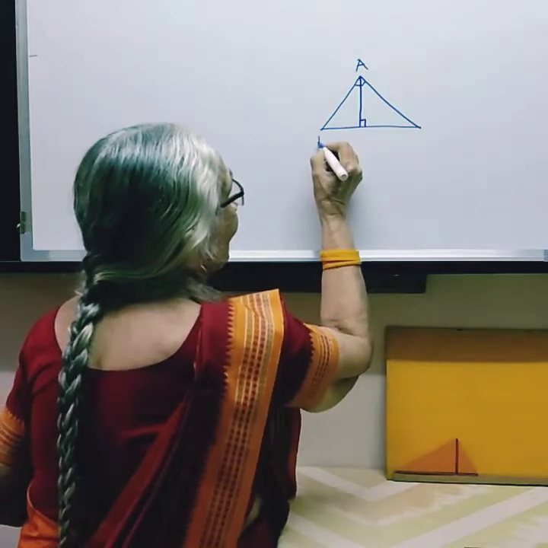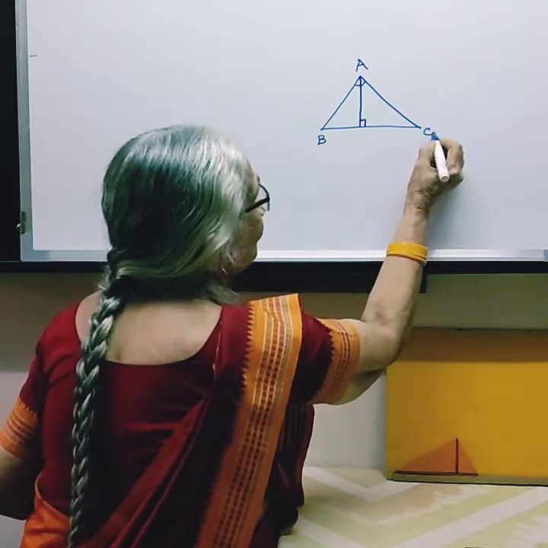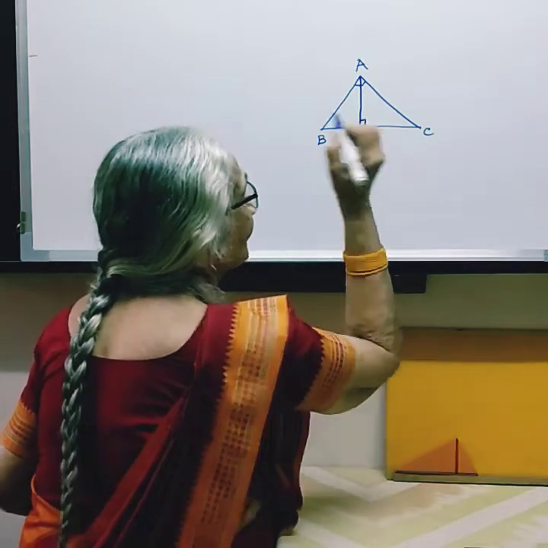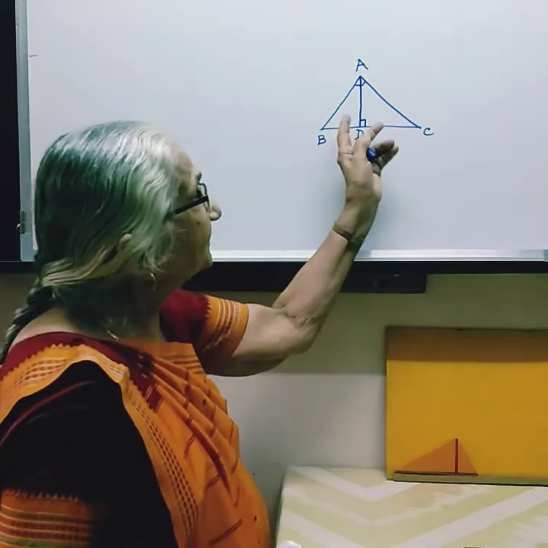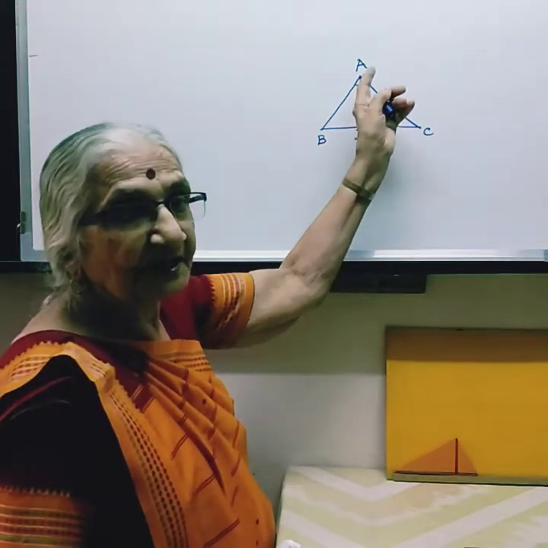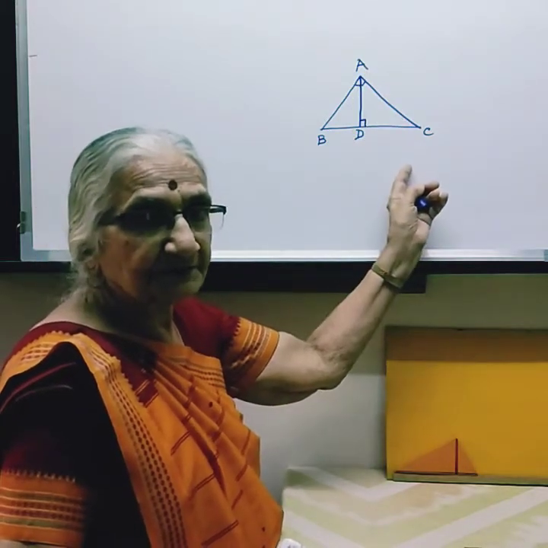The right angle is at A, BC is the hypotenuse, and AD is the altitude.